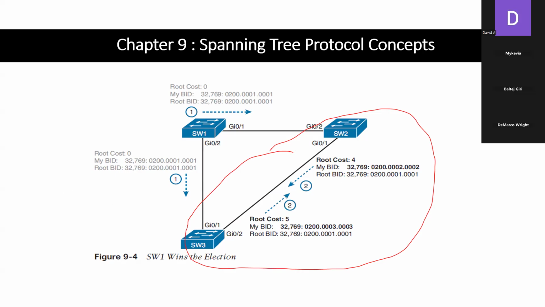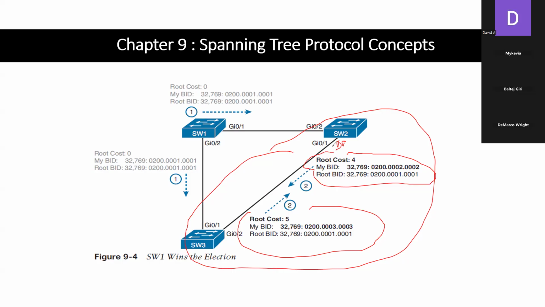We see switch 2 and switch 3 list their root costs. Switch 2 has a root cost of 4, and switch 3 has a root cost of 5. So since switch 2 has a lower cost, switch 2 gigabit 0/1 becomes the designated port for that link, because it has a lower root cost between the switches.